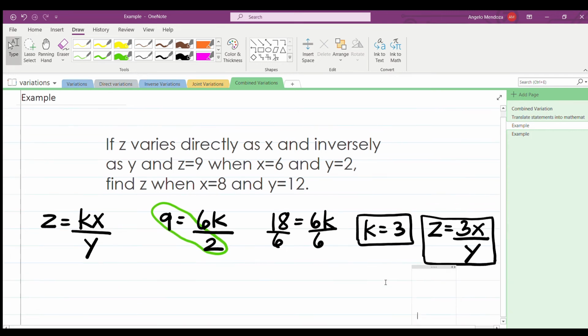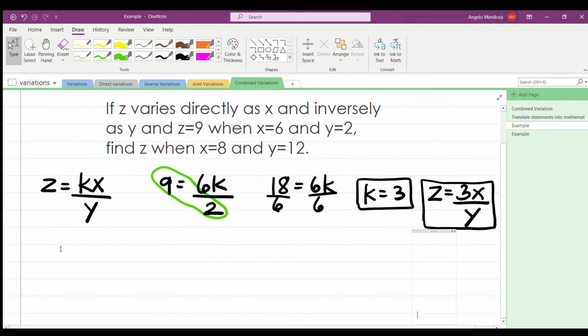Then what we're going to do now is solve for Z. Find Z when X is equal to 8 and Y is equal to 12 using this equation.